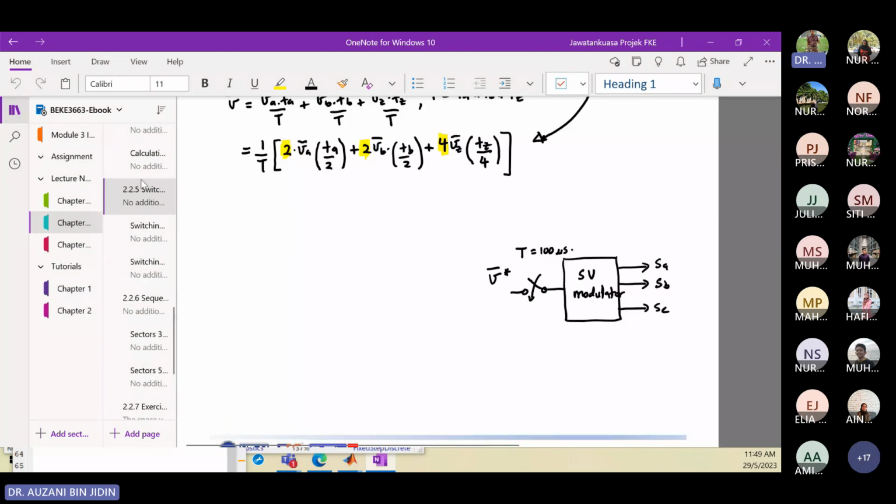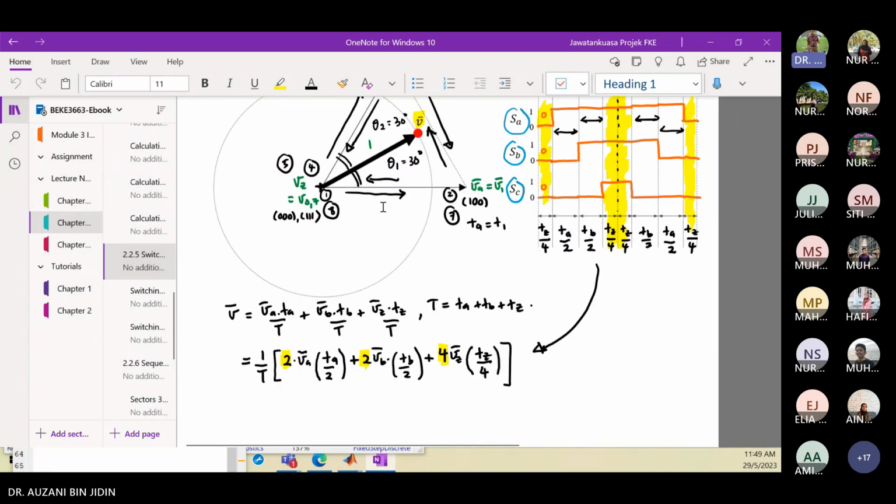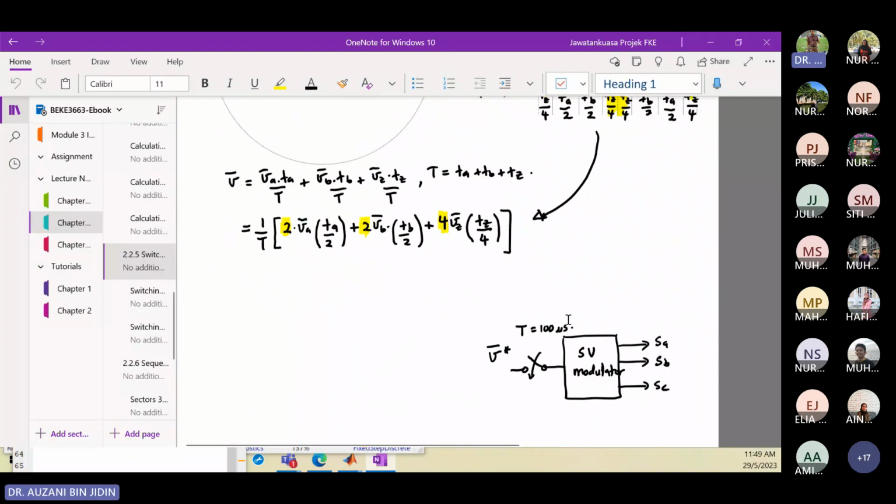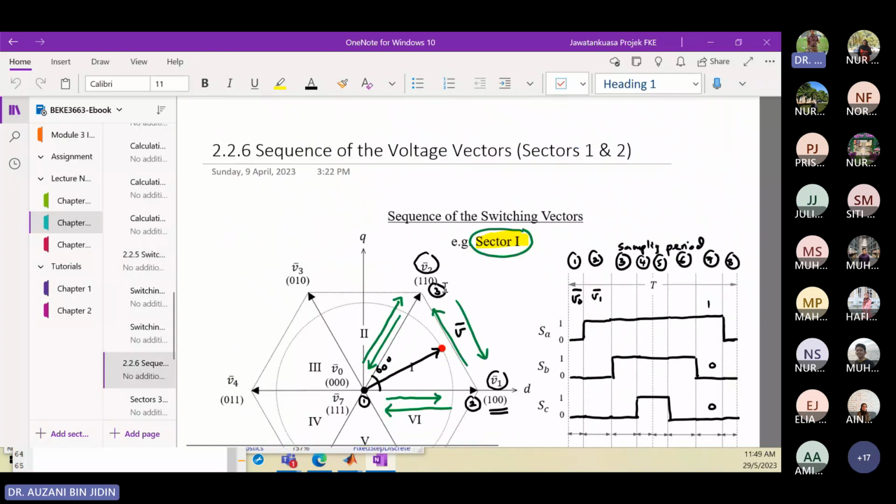First, this section is the switching vectors, then to calculate the on time, and this section is the sequence of the switching vectors. How you set or design which vector needs to be selected in order.